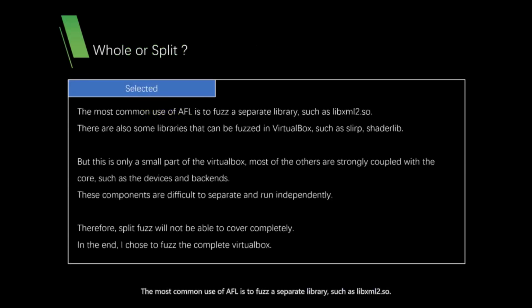The most common use of AFL is to fuzz a separate library, such as libxml. There are also some libraries that can be fuzzed in VirtualBox, such as Slirp and ShaderLib. But this is only a small part of VirtualBox.